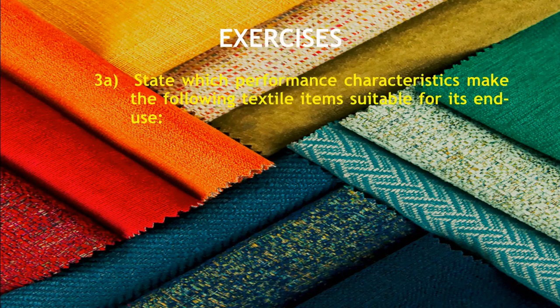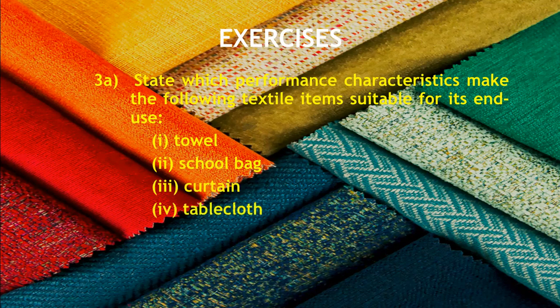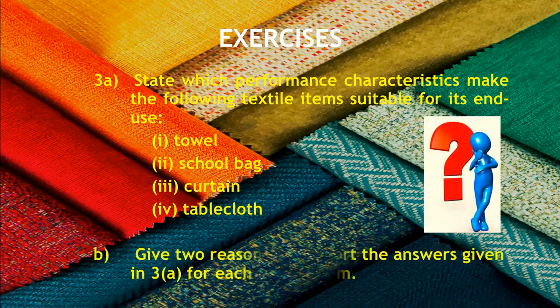State which performance characteristics make the following textile items suitable for its end use: towel, school bag, curtain, tablecloth. Give 2 reasons to support the answers given in 3A for each textile item.